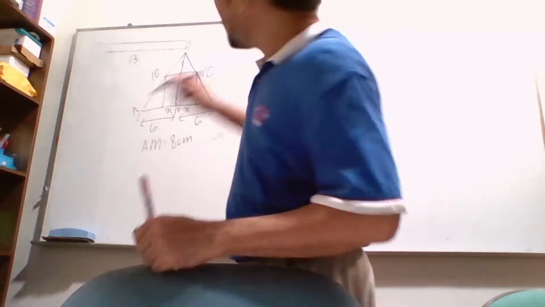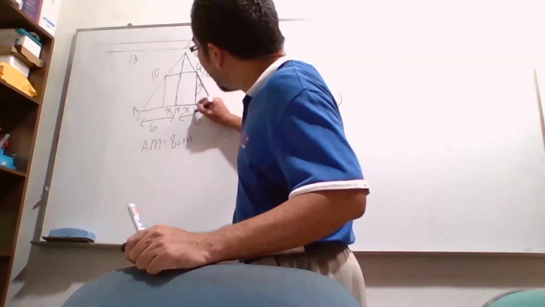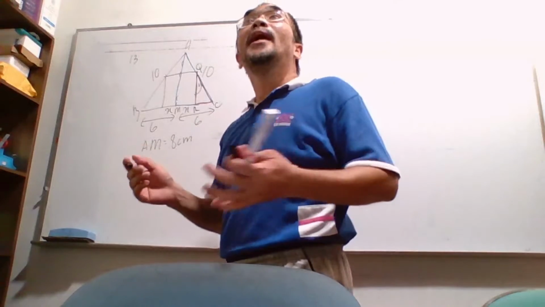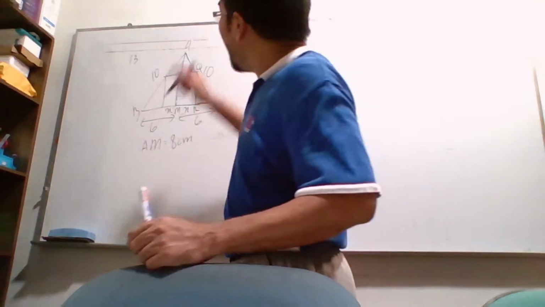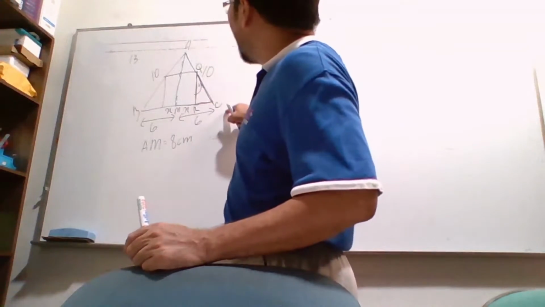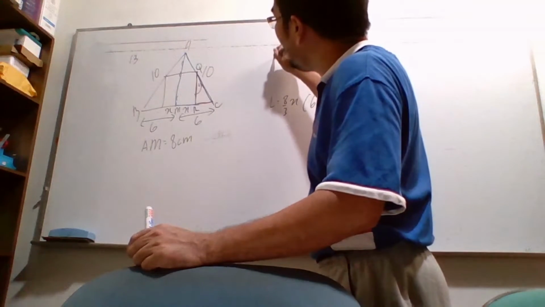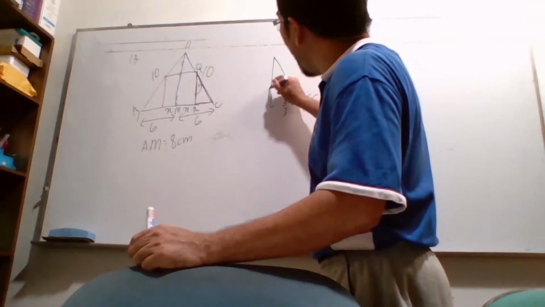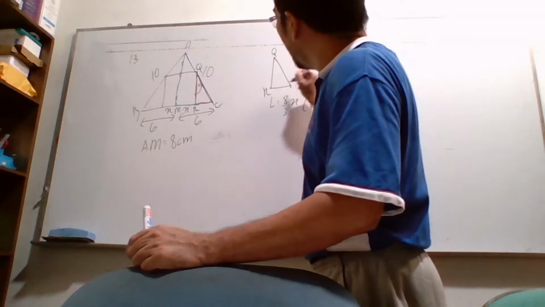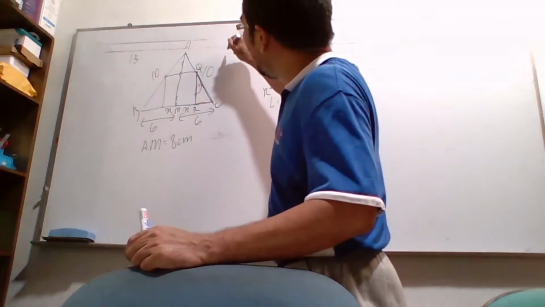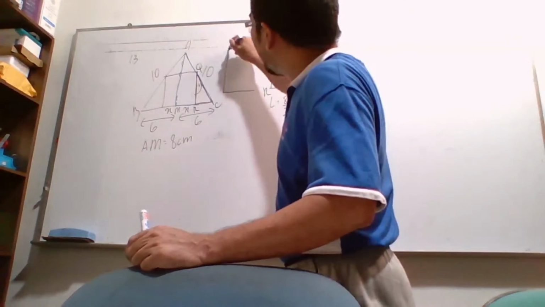QRC is the small triangle. And where is the bigger triangle? It is AMC. We have two triangles here: QRC, and the bigger triangle AMC.